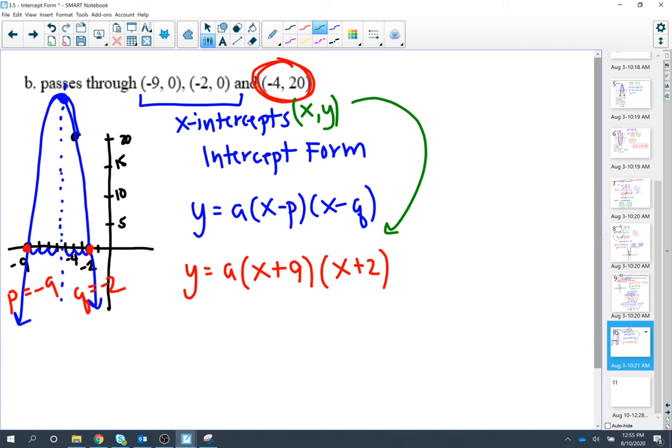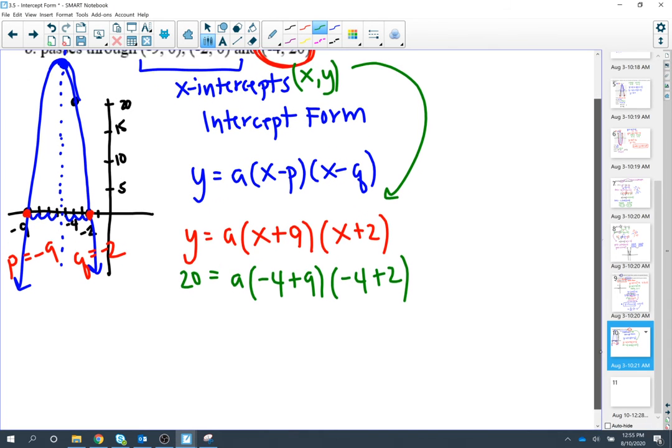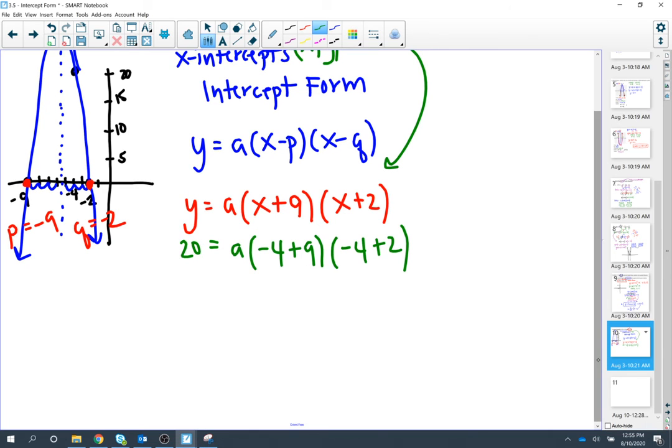So y is 20, equals a times (-4 plus 9) times (-4 plus 2). Now we can use that to solve for a. So let's see. 20 equals a times (-4 plus 9), which is 5, times (-4 plus 2), which is -2.